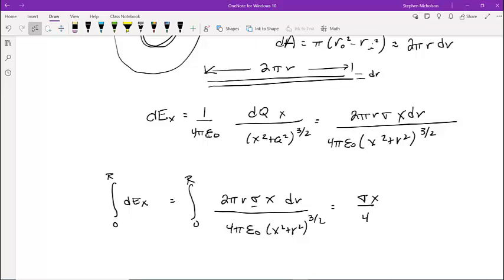We're integrating with respect to r, so we can bring the x out, and then you have 4 epsilon 0. The pi's cancel out, and you can leave the 2 inside, so you get 2r dr in the numerator, divided by x squared plus r squared to the 3/2 power.